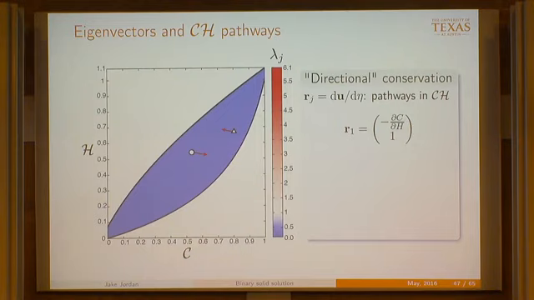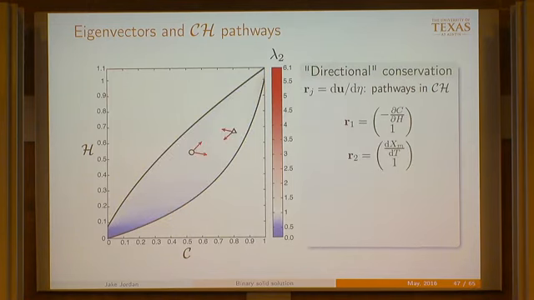So this is the eigenvector associated with the first characteristic field, given R1. And this is the eigenvector associated with the second characteristic field, R2.